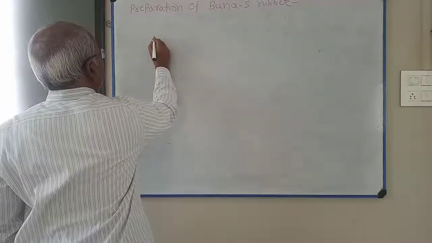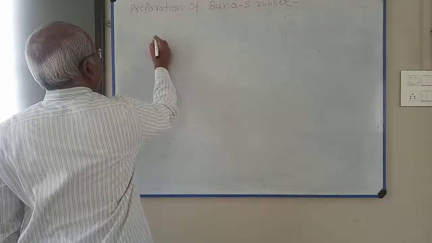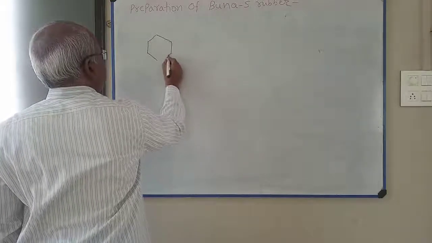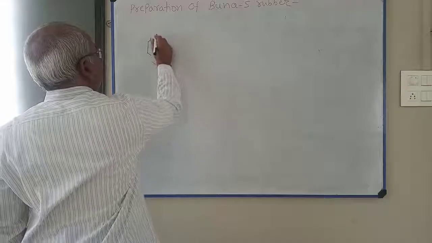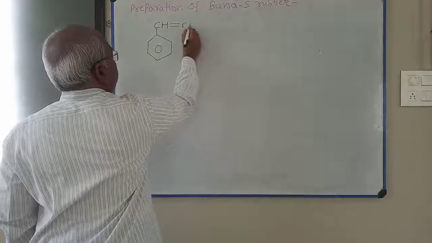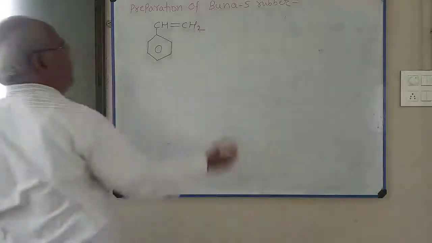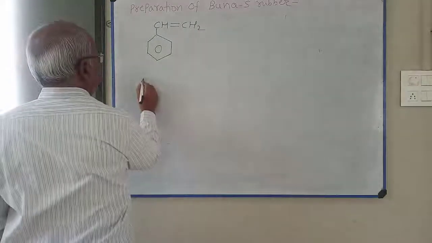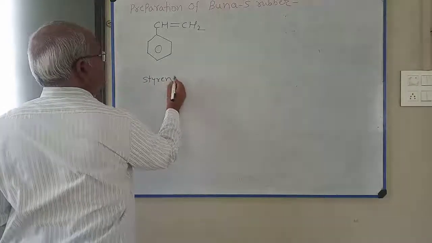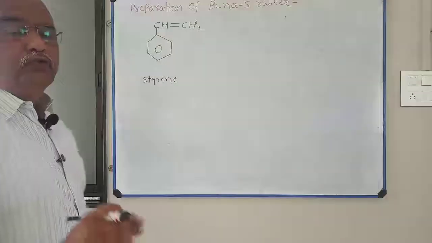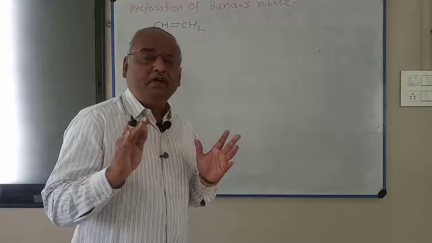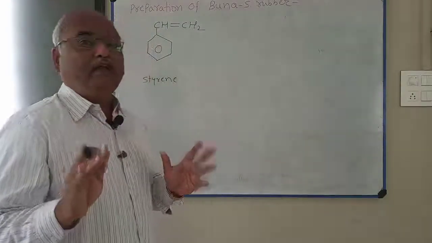The raw material, this is phenyl group CH double bond CH2. This is styrene. So styrene is the monomer used to prepare Buna S rubber.